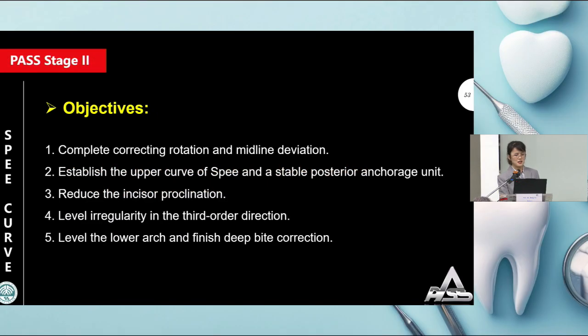The objectives of stage 2 are to complete correcting rotation and midline deviation, to establish the upper curve of Spee and the stable posterior anchorage unit, to reduce the incisor proclination, to level irregularity in the third order direction, and to level the lower arch and finish deep bite correction.